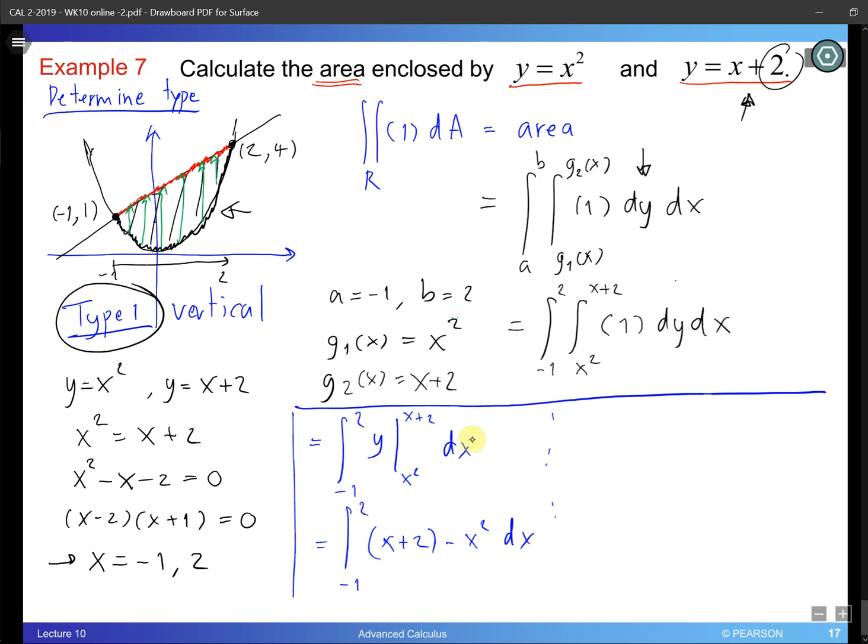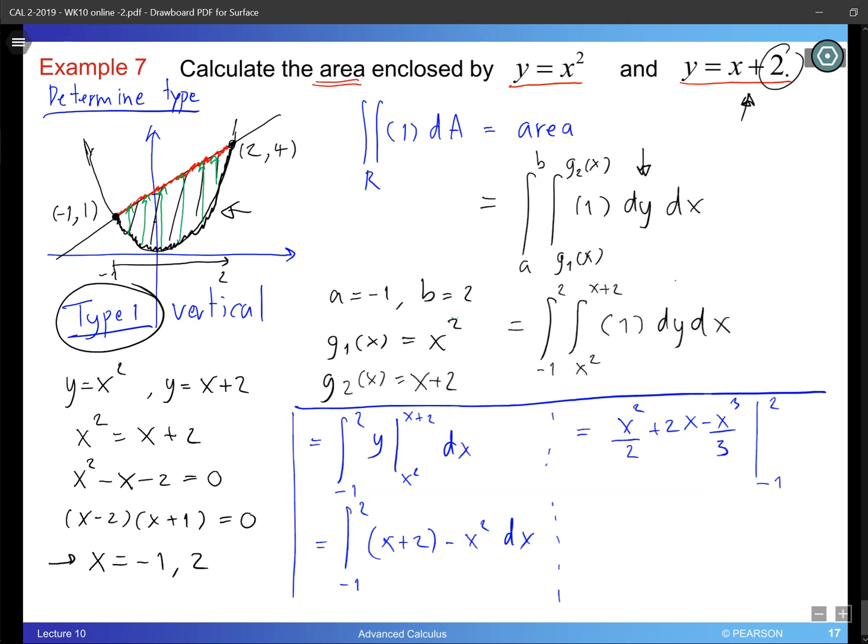Okay, and if I continue, this is going to be x squared over 2 plus 2x minus x cubed over 3. Alright, and then I have to evaluate this at minus 1 and 2.